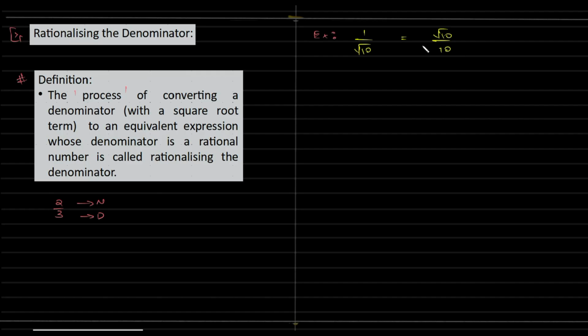So this is equivalent, that is, these two are mathematically the same in terms of value. They look different, yes. So this is an equivalent expression and this is a rationalized version.